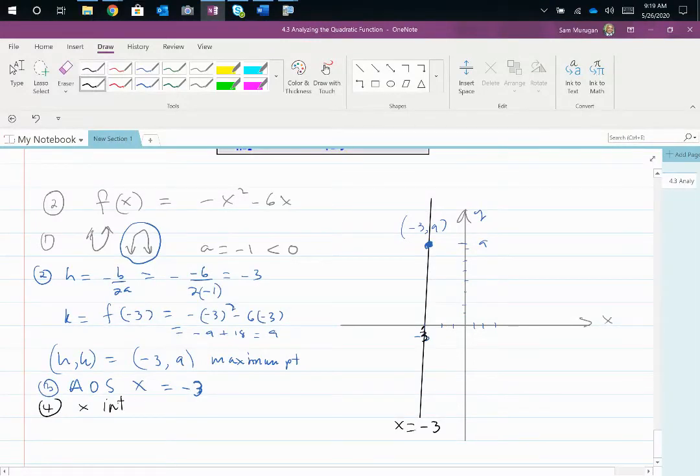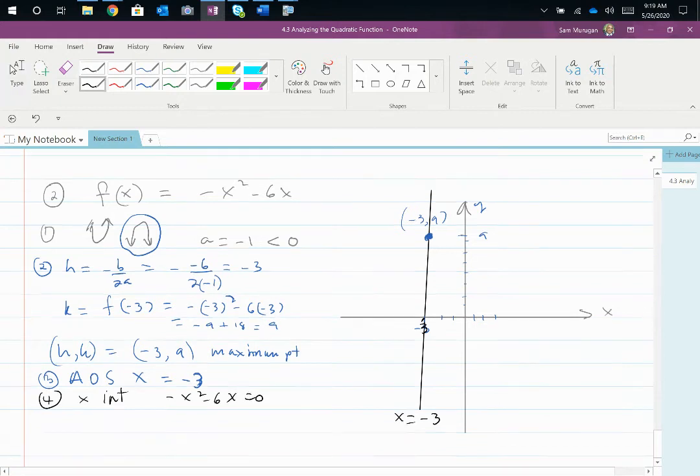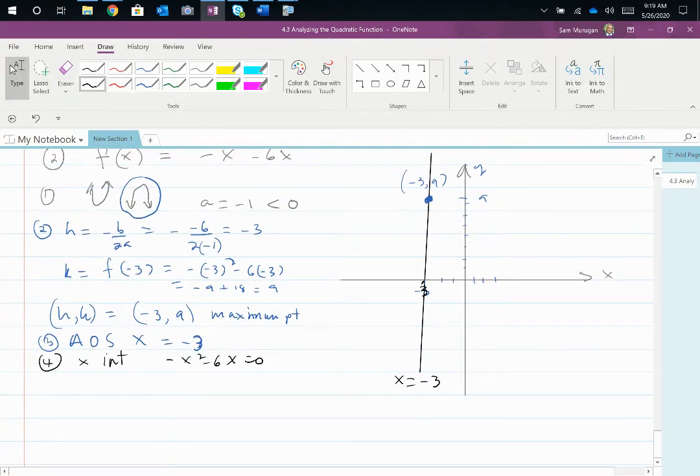X-intercept, set the function equal to 0. So if we factor out, say, -x here, this would give x plus 6 equal to 0. So x is equal to 0, and x is equal to -6.